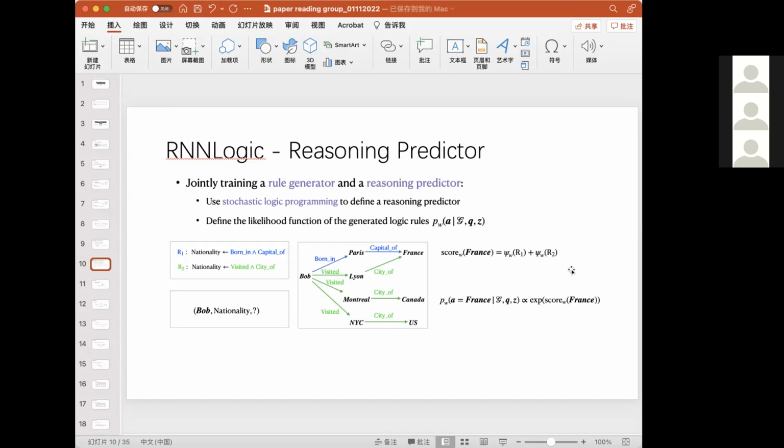In this way, we can assign a score to all possible answers, and by ranking all these possible answers, we can find the final solution for this query.